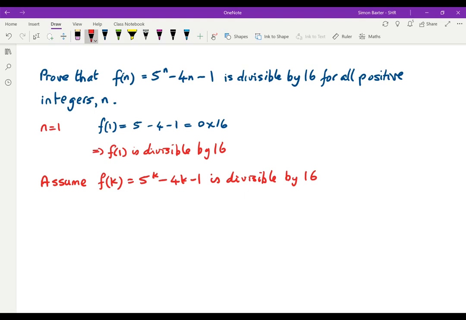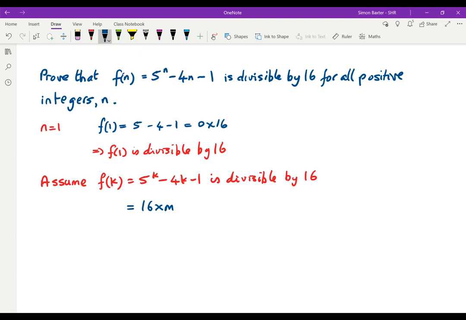In other words, we're assuming that our statement above is true when n equals some number k. Well, let's say what that really means. That means that 16 times m is equal to fk for some value of m. We can write fk as 16 times a whole number.